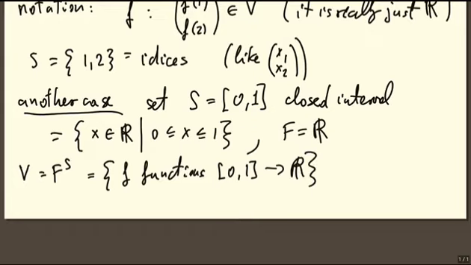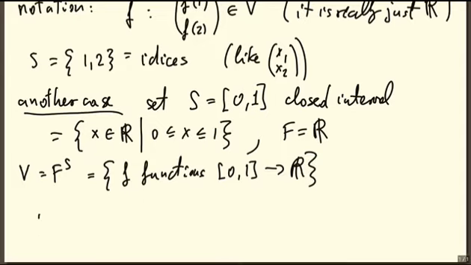So we cannot use now the previous vector notation because instead of two entries x1 and x2, we have infinitely many over the interval [0, 1], infinitely many elements.